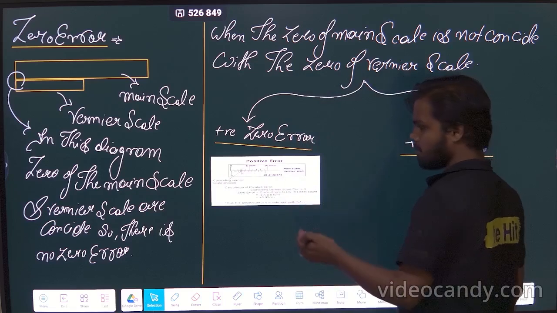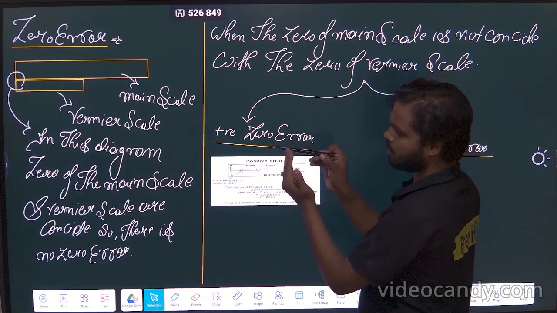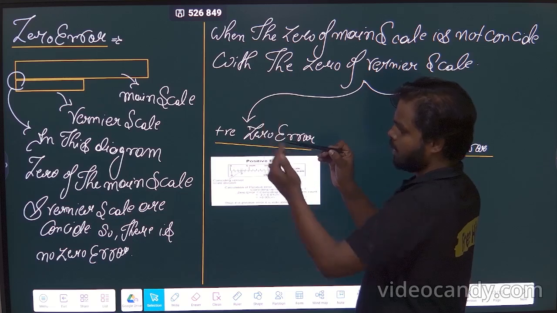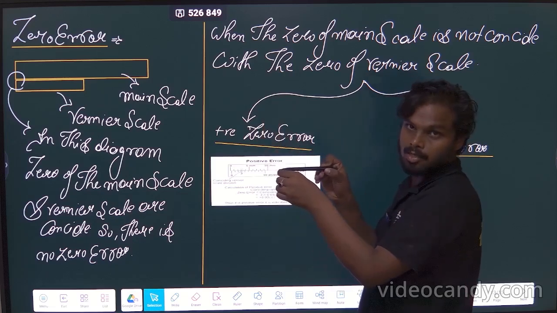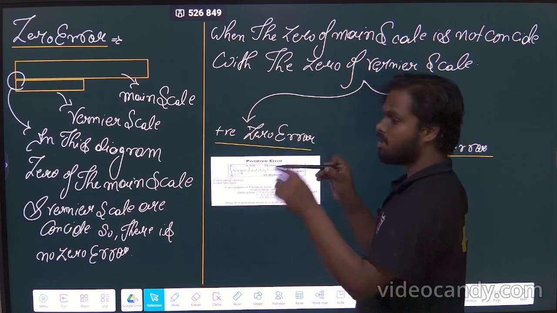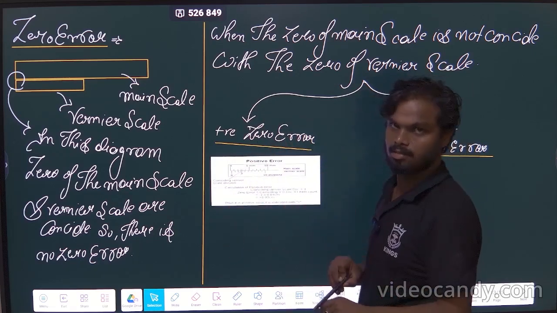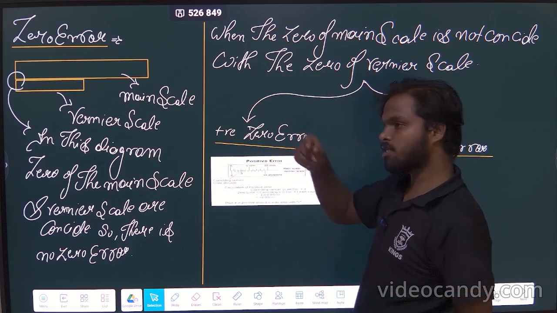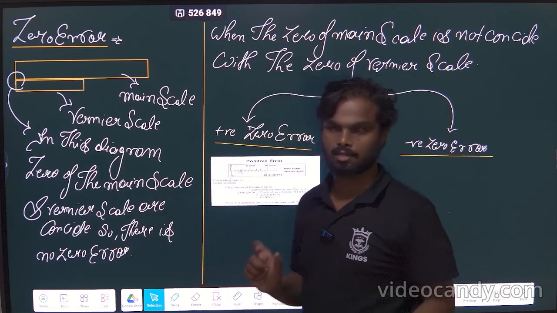Suppose this is my main scale and vernier scale, main scale 0 is this tip and vernier scale 0 is here. That means it measures some extra length initially. So my reading will be that extra length minus that error, which will be my correct length. Subtract that initial value to get the exact length, correct?